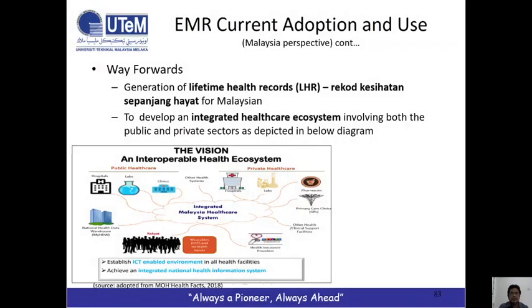Okay. So what is the way forward for the Malaysia healthcare information system? The way forward is to get a centralized lifetime health record, or what you call an electronic health record. In Malaysian government hospitals, they call it record kesihatan sepanjang hayat.